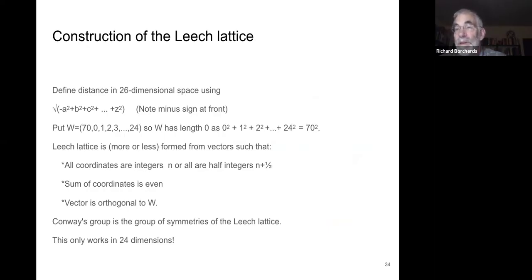So these are coordinates for 26-dimensional space, and we're putting a funny distance on it. So it's space-time, not Euclidean space. And then we're going to restrict all these numbers a and so on. The restrictions are given below. We're going to insist that all these numbers a, b, and so on are integers or integers plus a half. So the number a ends up being either an integer or an integer plus a half.